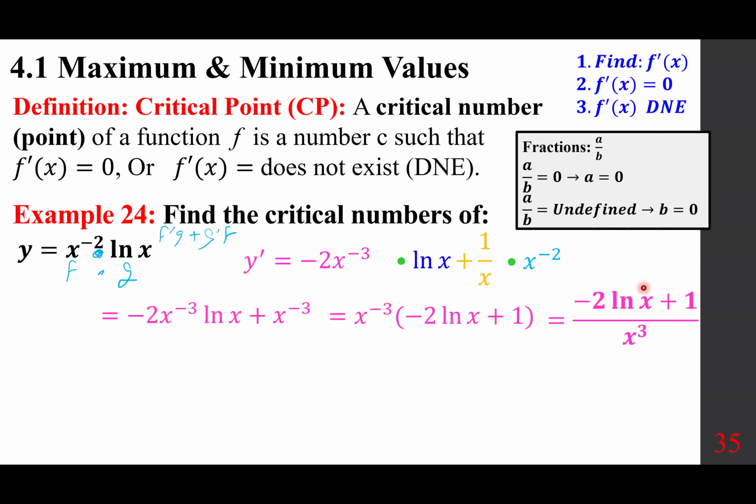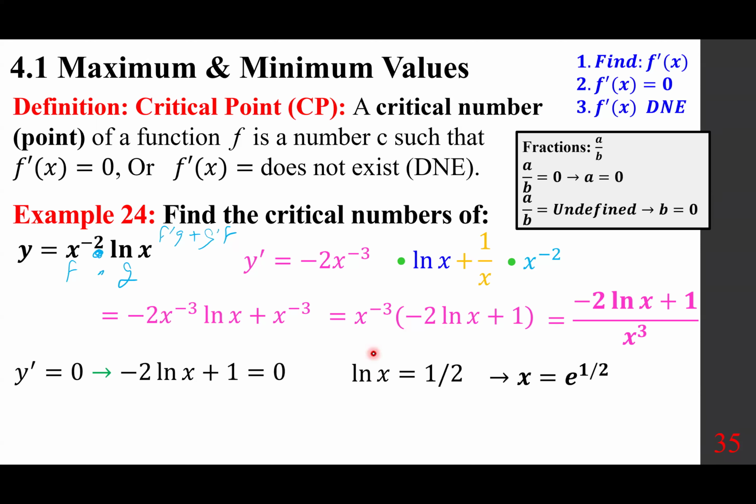So let's write y prime equal to 0. That means the numerator is 0. We move the 1, it becomes negative 1 divided by negative 2. ln x is positive 1/2. And if you go to the exponential form, x is e to the power of 1/2. And you keep it as such because it's an exact answer, everybody.